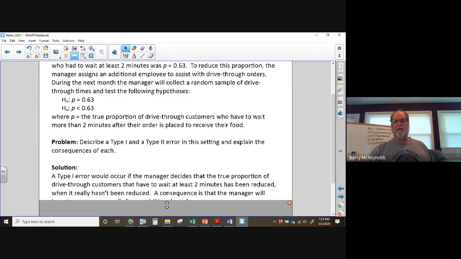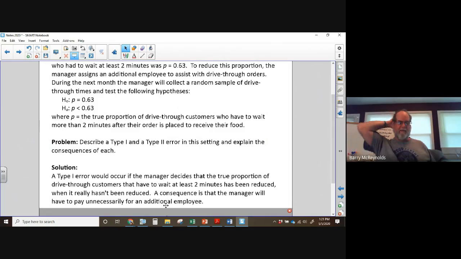And the consequence of that is the manager has spent that money to pay the additional employee, and it hasn't improved his circumstance.